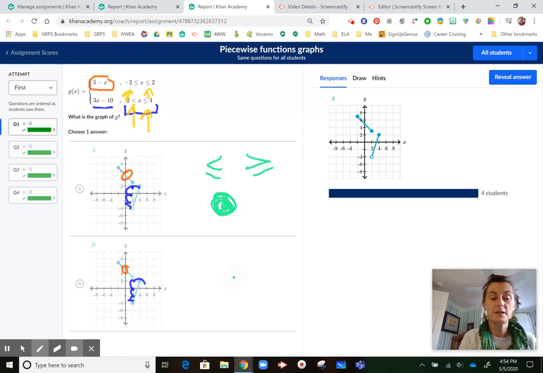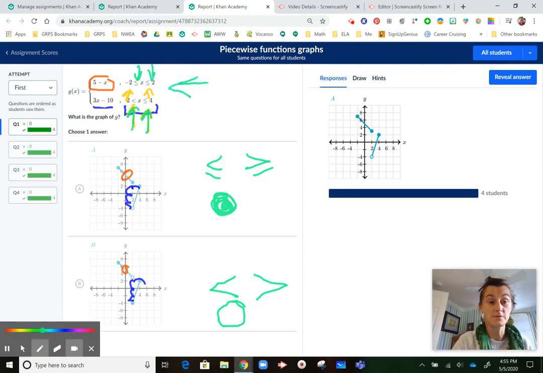But when we use less than or greater than, we're not including the point, so our picture on a graph is an empty circle. That's our key for today. We need to pay attention to these signs right here.